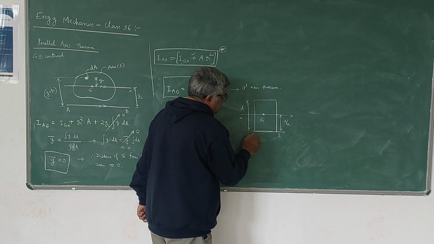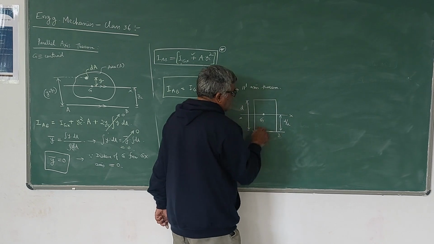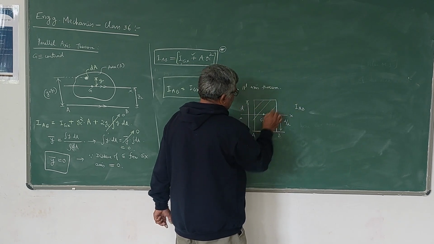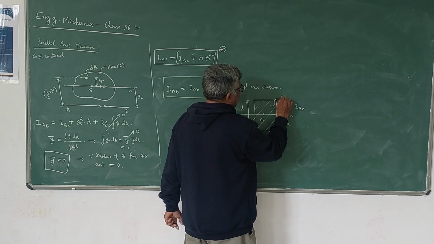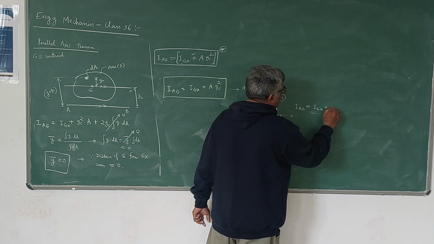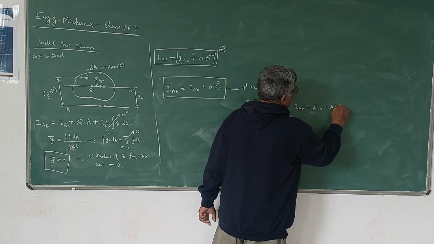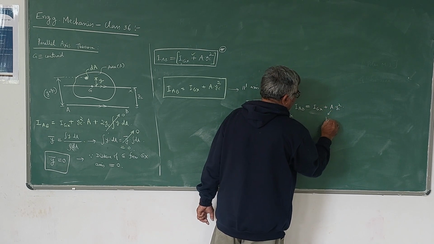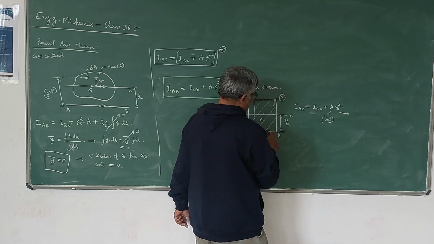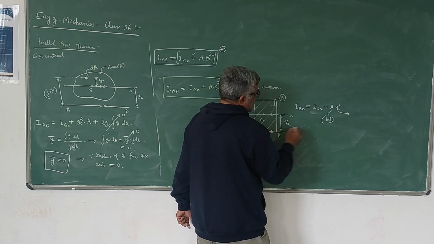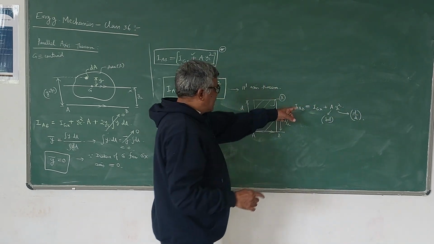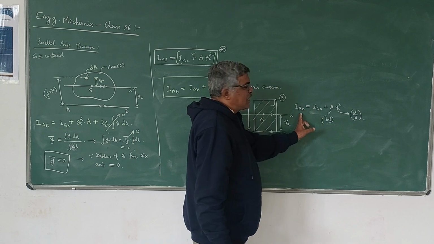If I want I_AB, the moment of inertia of this rectangle whose area is A, I can find it using this formula if I know IGX. For the rectangle, area is B into D. Here yc is the distance between these two parallel axes, which is D by 2. So once you know IGX, you can find I_AB.